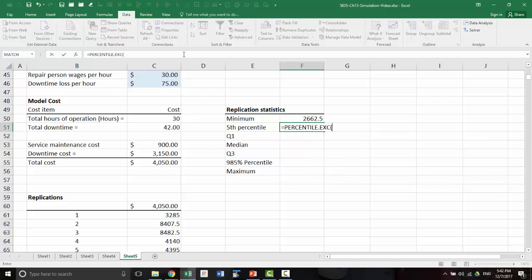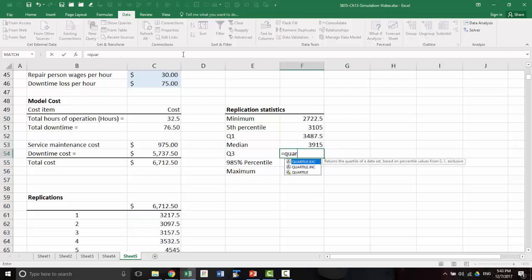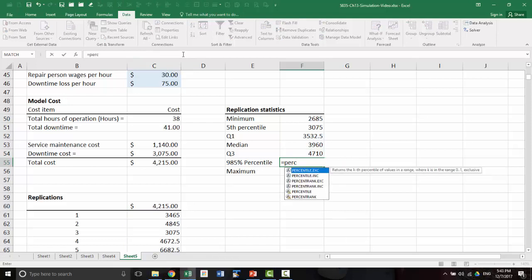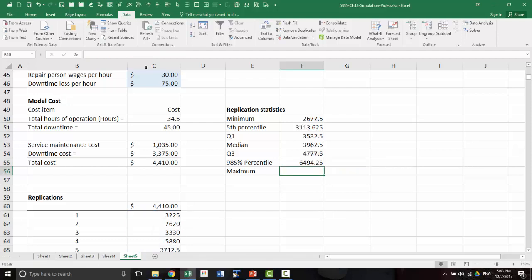Percentile.exe, okay, comma 0.05 for the fifth percentile, and quartile.exe, first quartile, median, quartile.exe, third quartile, okay, and percentile 0.95, 95th percentile.